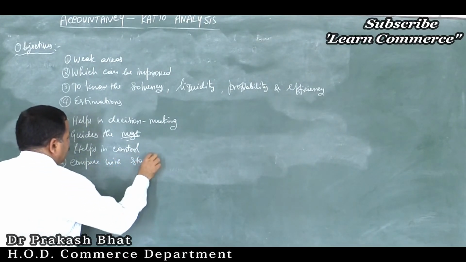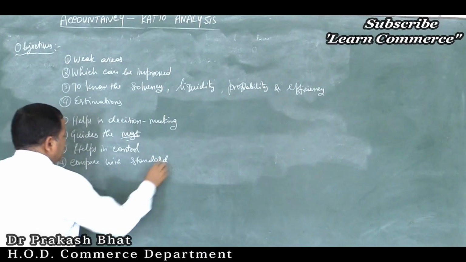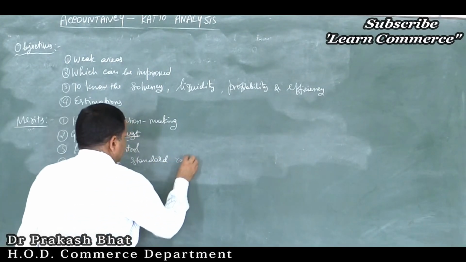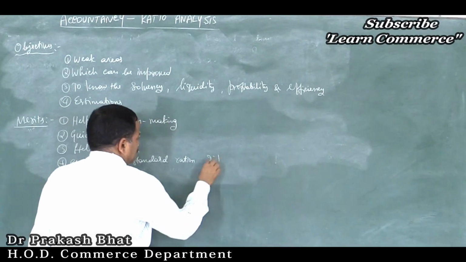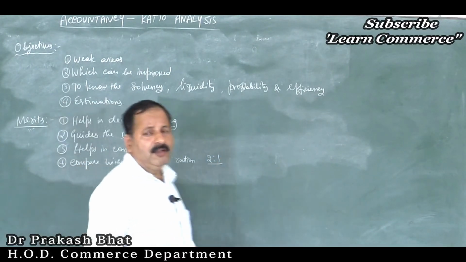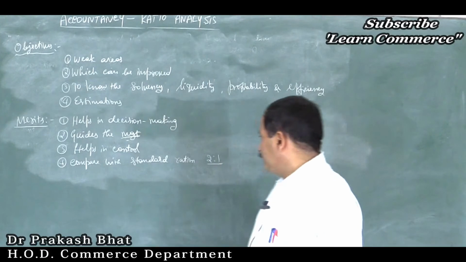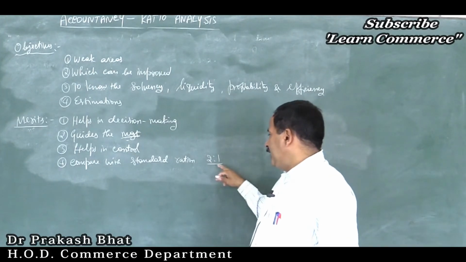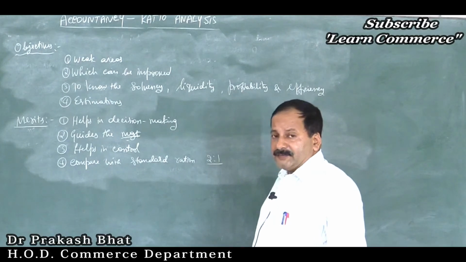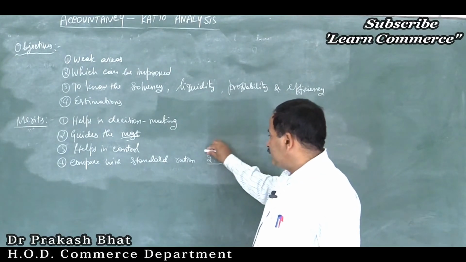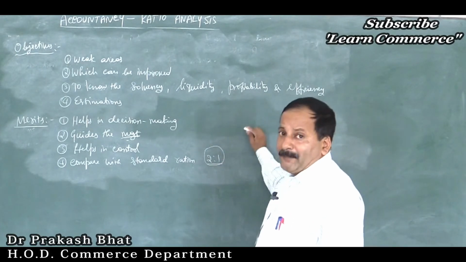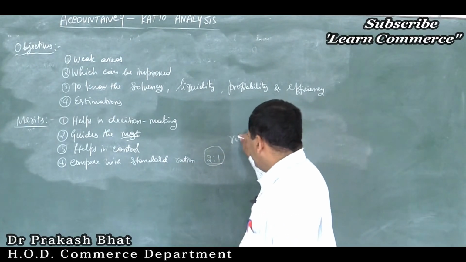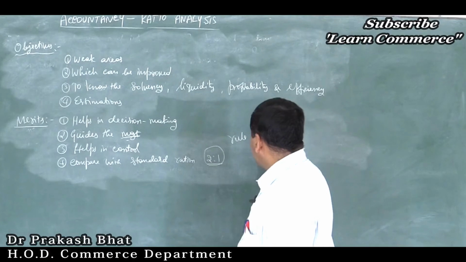There are some standard ratios which must be there for a business, like current ratio 2:1 is the ideal ratio for an organization. 2:1 means current assets to current liabilities. If the current liabilities is 1, then current assets must be 2, isn't it? This is the ideal ratio for any business organization. This is the rule of thumb. We call it the rule of thumb.